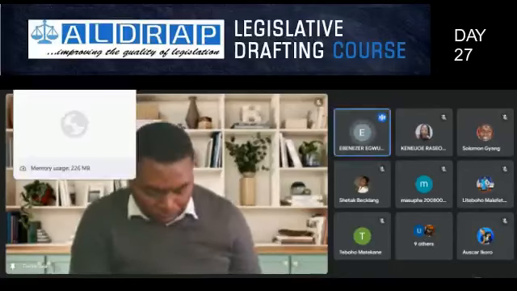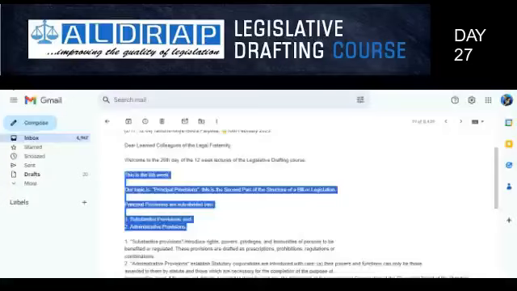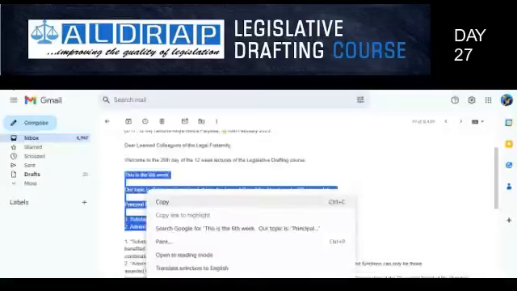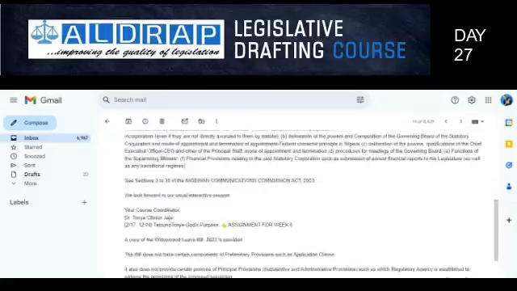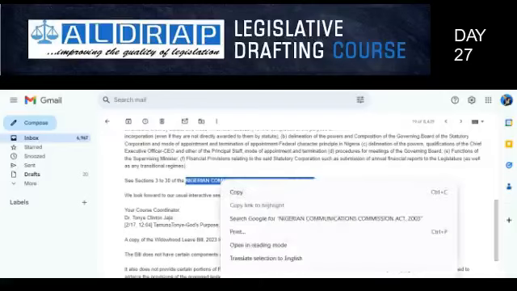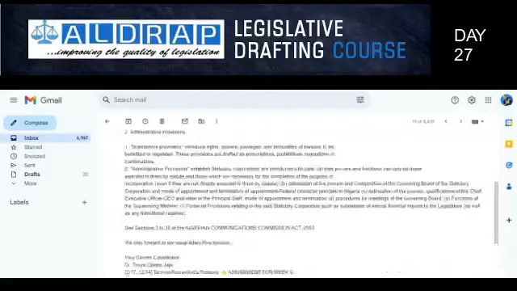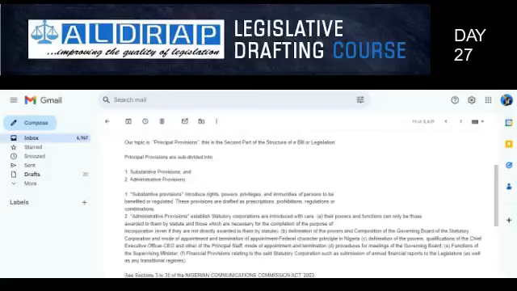Okay, there's an approach I want to adopt. We all have the Nigerian Communications Commission Act 2003. Can you open that document and go to the table of contents, the arrangement of sections, so that we see practically what the administrative provision is.